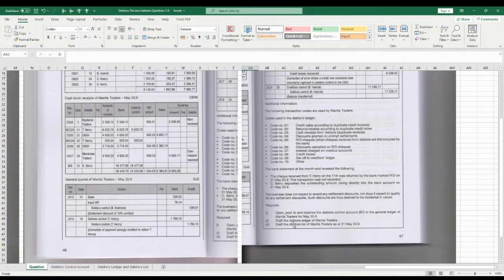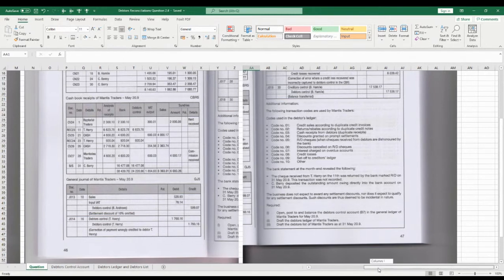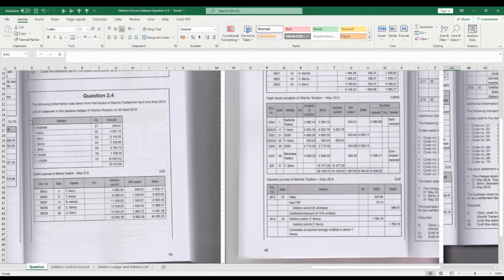Then number two, they want you to draft the debtors ledger. Now that is all your individual debtors that this company has. You'll see they've given you a list of debtors balances, but this was for the previous month. So this would be the starting point of your list of debtors.